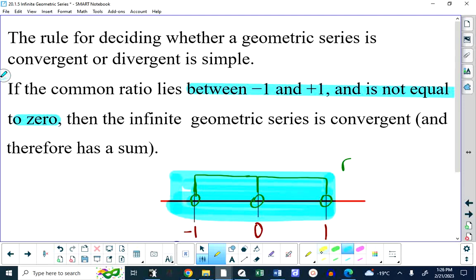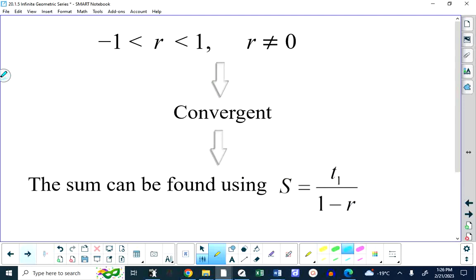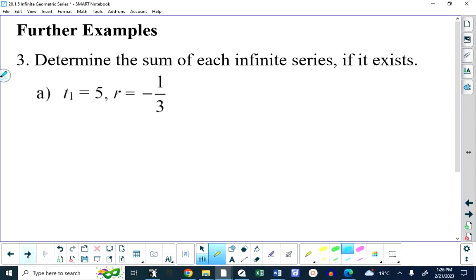And you know, there was a time in my teaching career where I would have just started off with this and had a 5-minute lesson, but I think you learn a lot about infinity in going through and looking at these sums, because ultimately you have to be able to solve. So there's the summary, right? If that's the case for R, it's convergent. If it's convergent, you can use that formula. You can do these problems now.